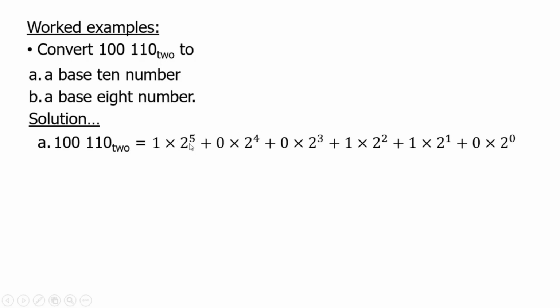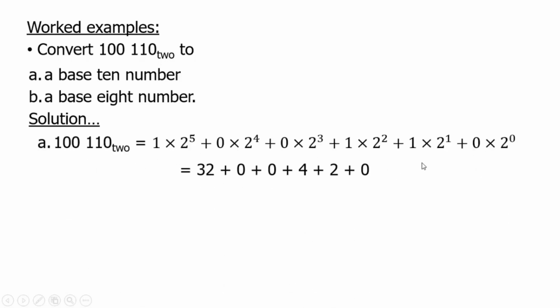So you have 1 times 2 plus 0 times 2 plus 0 times 2 plus 1 times 2 plus 1 times 2 plus 0 times 2, and then we place powers from 0 to the last digit. So 0, 1, 2, 3, 4, 5. Now what are we going to have?